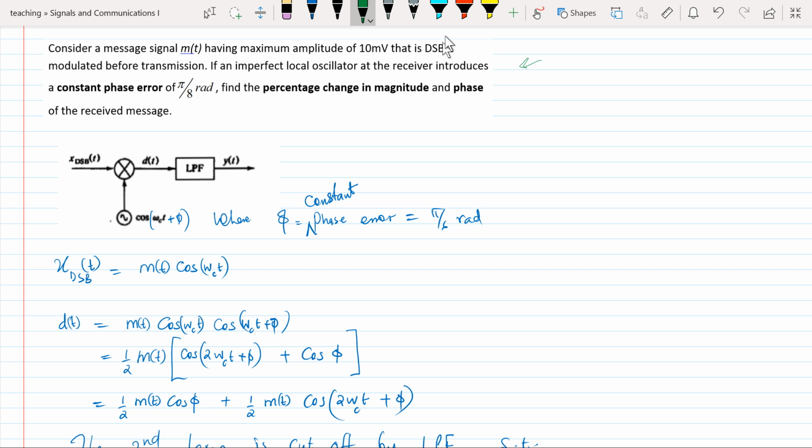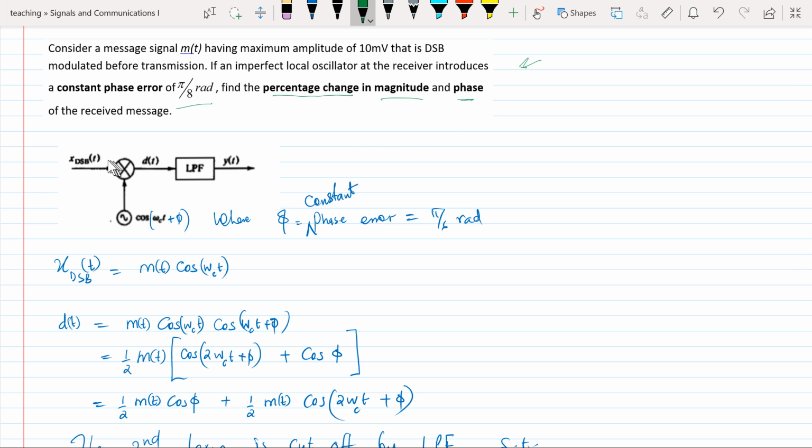If an imperfect local oscillator at the receiver introduces a constant phase error of pi over 8 radians, then the question is find the percentage change in magnitude and phase of the received message. So we want to find the percentage change we realize in magnitude and in phase.